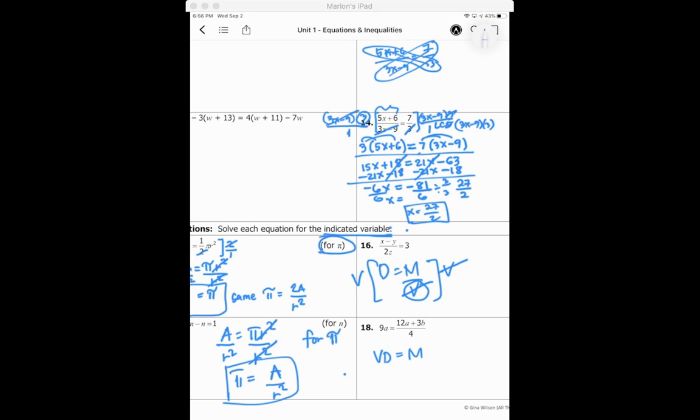I will divide both sides by D. That D will cancel out. So my V is equal to mass over density. So that is how to solve for volume, or V, in terms of the formula D equals M over V.